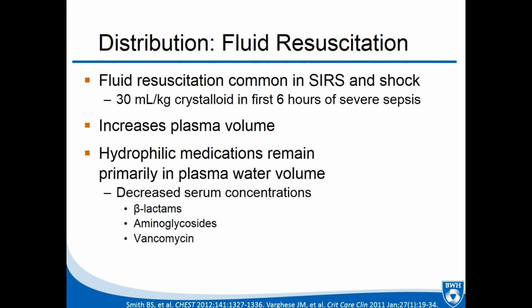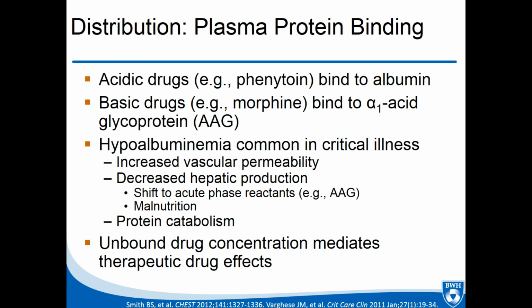It'll increase our plasma volume, and as such, hydrophilic medications will remain primarily in the plasma water volume, resulting in decreased serum concentrations of beta-lactams, aminoglycosides, and vancomycin. So in these cases, what we'll often do is dose aggressively up front, either considering a loading dose or maybe a first dose that's higher than what we would consider for the patient's renal status, just to try to get to our pharmacokinetic goal early with these time-sensitive medications.